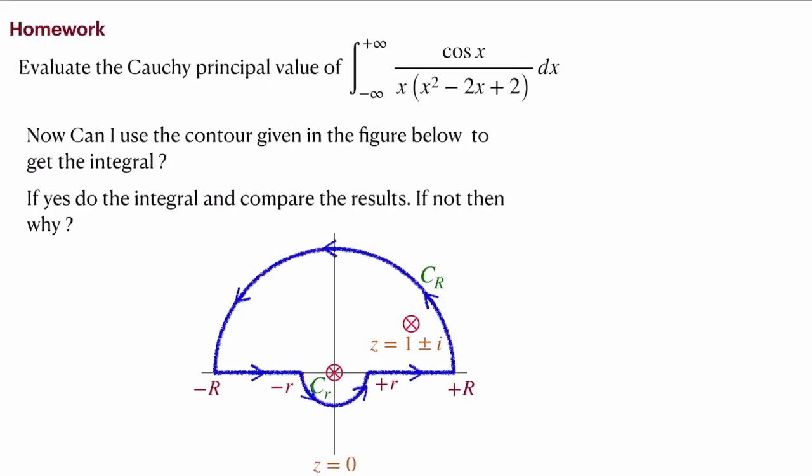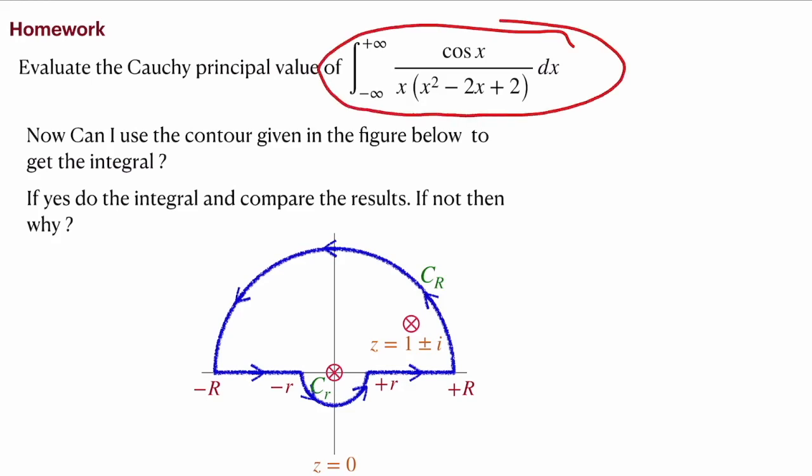Now, there is a homework problem which also makes you think a little bit. You evaluate this integral, which we have already done, you might say, but I want you to do it in a slightly different way. I want you to use the contour given in this figure, where the indented contour is used not as given by the theorem, but in the opposite direction. So now you are including both singularities, at z = 0 and z = 1 + i.